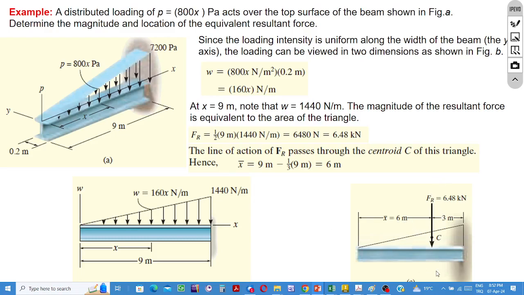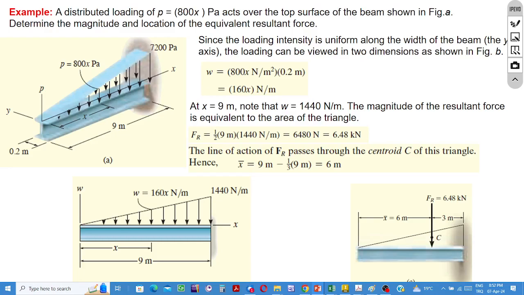Now this single force at this special location is exactly equal to the given distributed load system in its effect. But of course, such an equivalency is valid if the object is a rigid body.